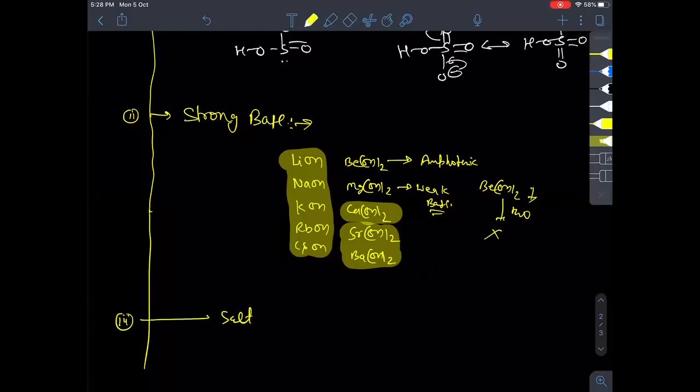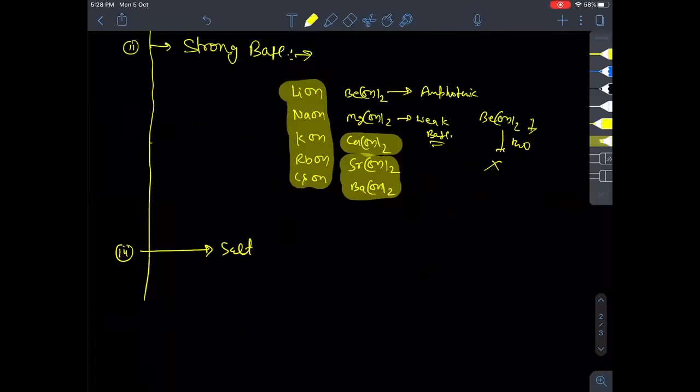Now, a variety of salts are there. Some of them you would have heard in qualitative analysis also, right? There we get generally the wider picture.